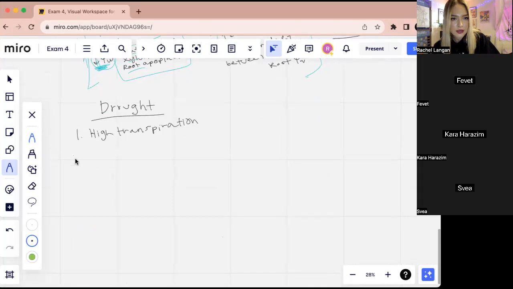The other thing that's going to happen is low root water uptake. Because of those two things, we're going to see cavitation.